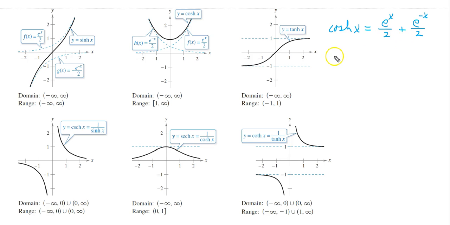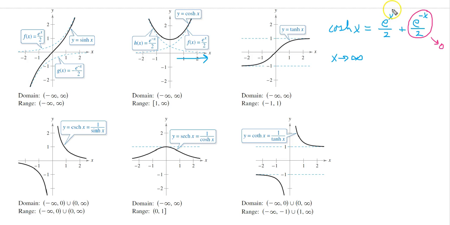Now you notice if we let x go to infinity, if we are moving in this direction, take a look at this graph over here. Notice we have two dashed curves here. The first one is e to the negative x divided by 2, and this dashed curve is the graph of e to the x over 2. So in the limit as x goes to infinity, this piece right here will be going to 0.